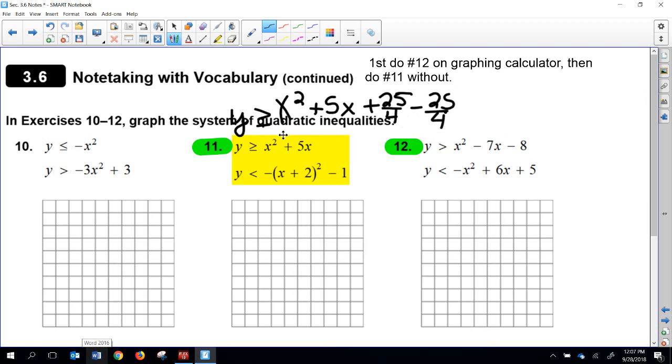So then another name for this would be x plus 5 halves squared minus 25 over 4. So what's the vertex going to be for that one then? Negative 5 halves, comma what? Negative 25 over 4.